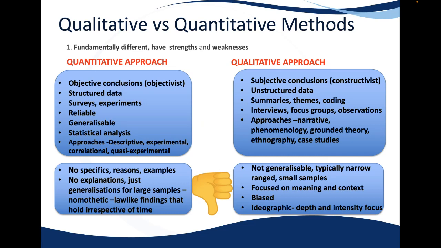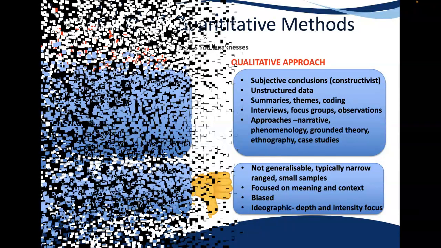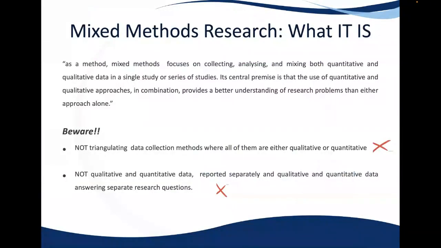So ultimately, at the end of the day, when we talk about mixed methods, we're really talking about that intentional mixing of quantitative and qualitative research in a single study.